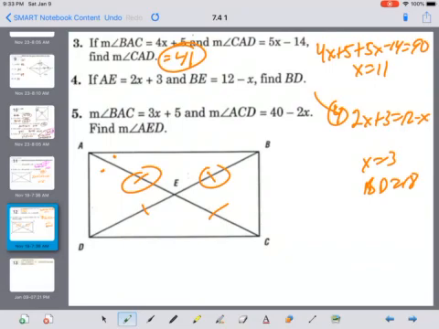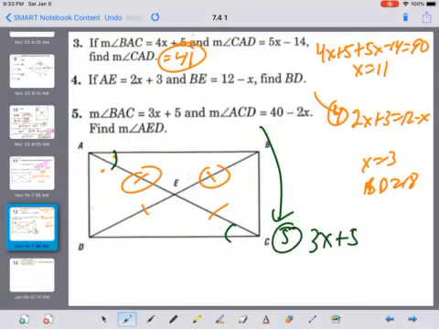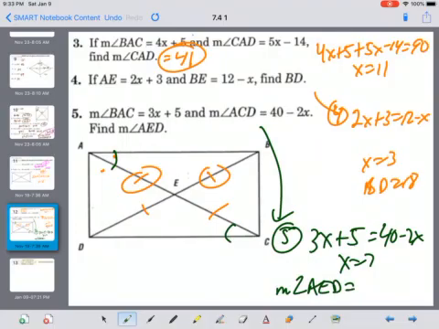And then for number 5, looking at angle BAC and ACD, they're alternate interior angles, so they would be congruent to each other. Which means x equals 7, and then the measure of angle AED equals 52 degrees.